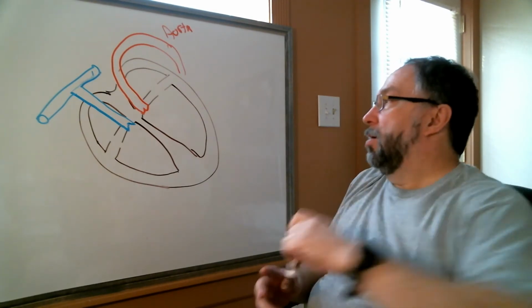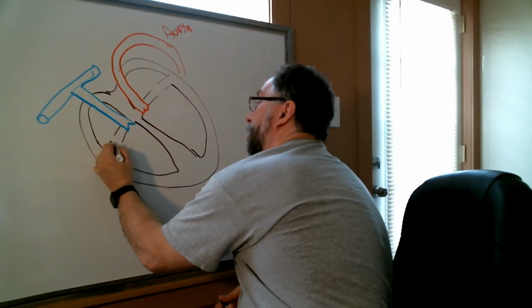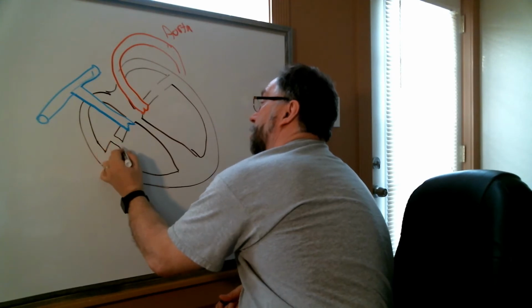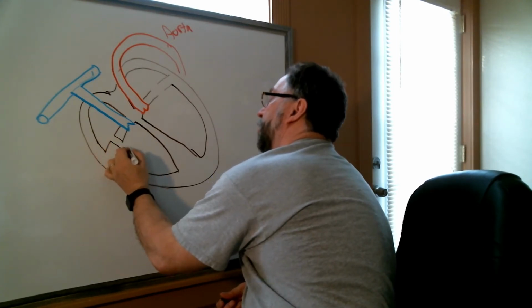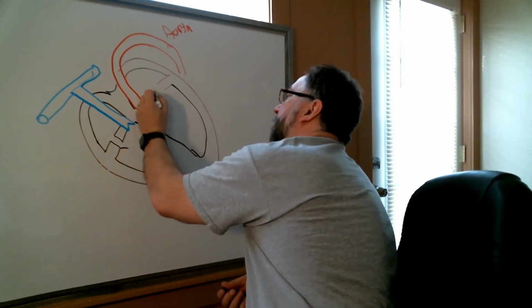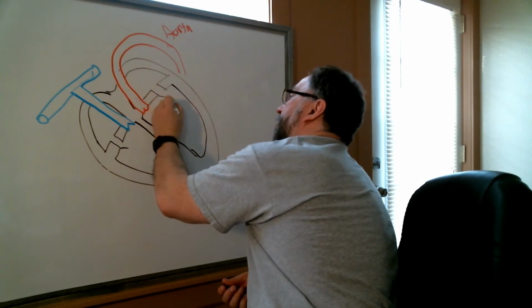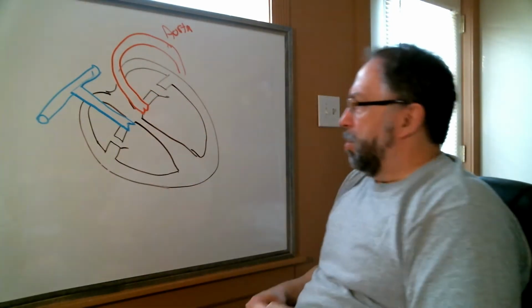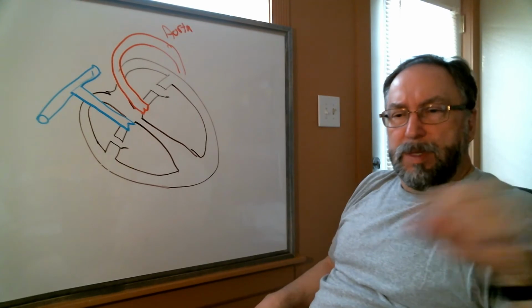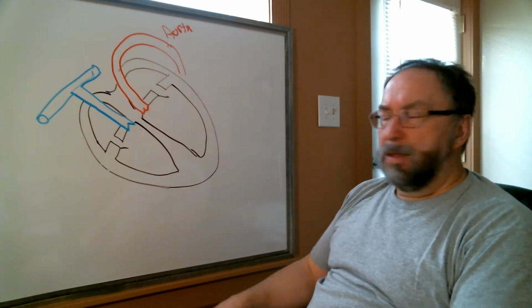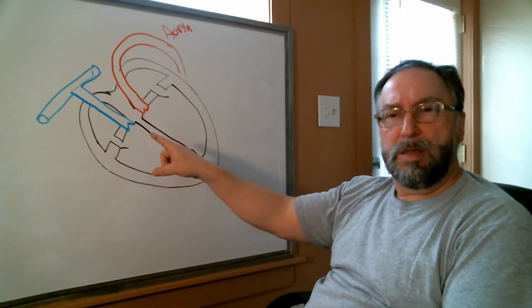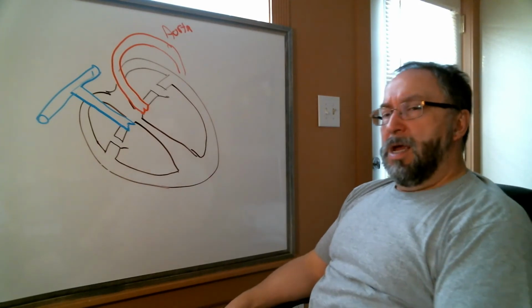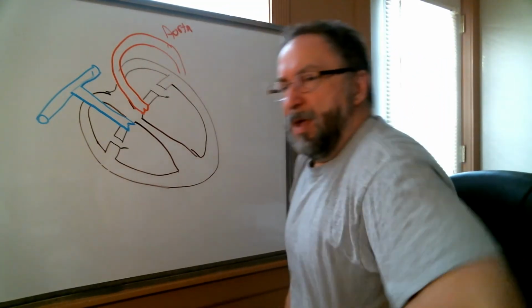And of course you've got your tricuspid valve right there, and you've got your mitral valve right here. And we know how the blood has to go through there. We've talked about that.